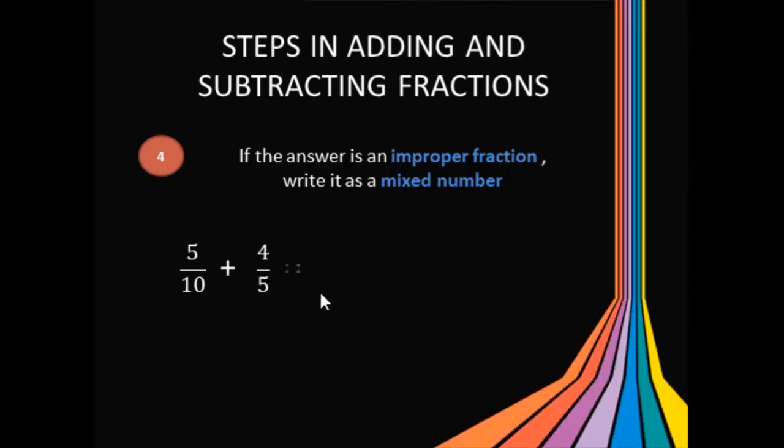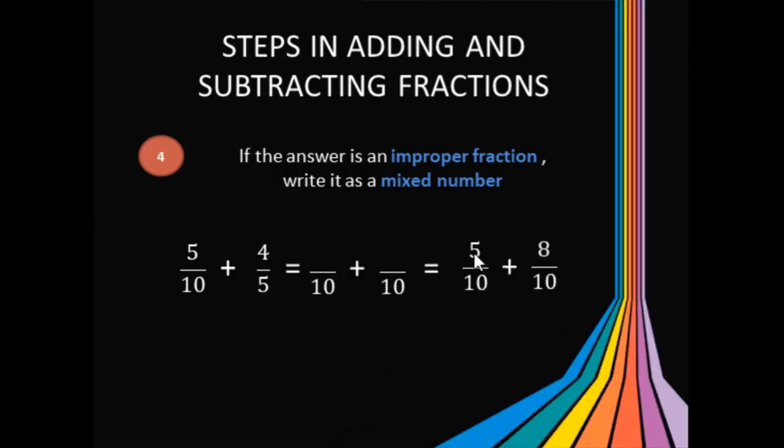So we look for their common denominator, which is 10. 10 divided by 5, we get 1 times 5, it's 5 tenths. 10 divided by 5 is 2 times 4, we get 8. So it's 5 tenths plus 8 tenths. Add 5 and 8. We get 13 over 10.